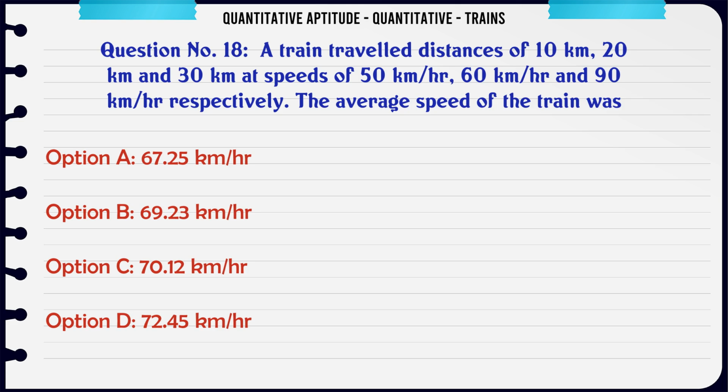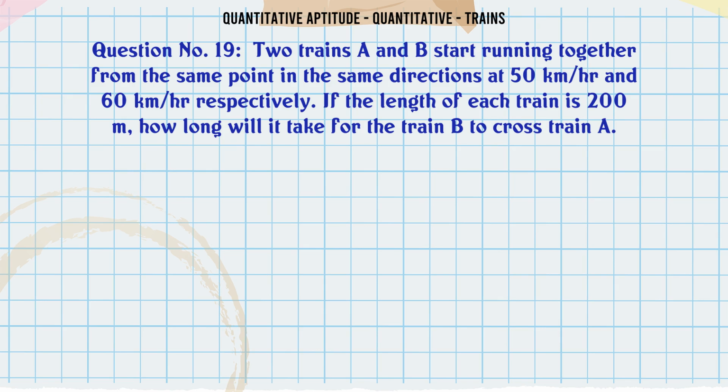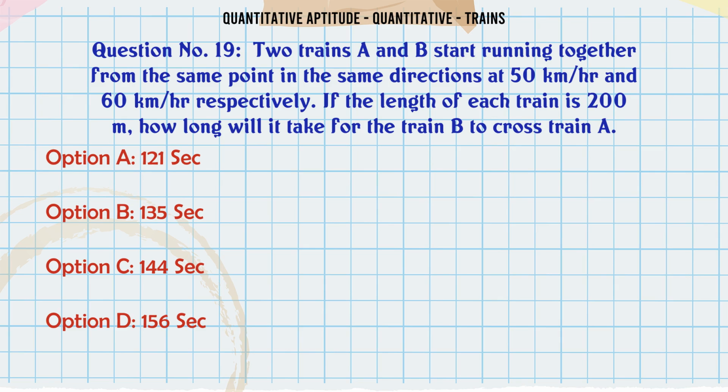The average speed of the train was A 67.25 km/h, B 69.23 km/h, C 70.12 km/h, D 72.45 km/h. The correct answer is 69.23 km/h.